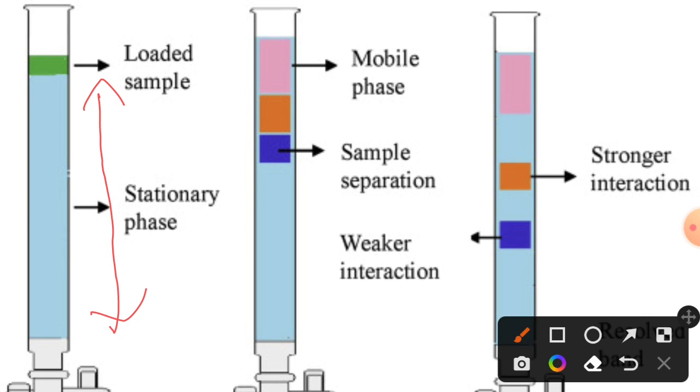Column chromatography can separate proteins on the basis of their size, their charge, their binding affinity and many things, okay. But the property on the basis of which you want to separate your protein should be utilizable by the stationary phase for your separation, okay.